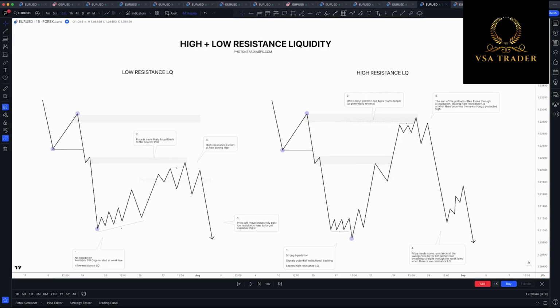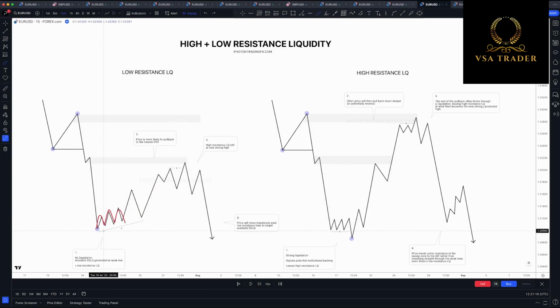Now, the concept of high and low resistance liquidity can be really useful just for us to anticipate how price potentially may behave. So imagine you have a bearish market. Now, when price starts to pull back, if you see that it just leaves a lot of corrective lows and there was no liquidity sweep once that pullback forms, that's often a very good indication that the overall pullback won't be that deep, because institutions have not had the opportunity to use the sell side liquidity that's generated below those lows in order to get long and fuel that deeper move.